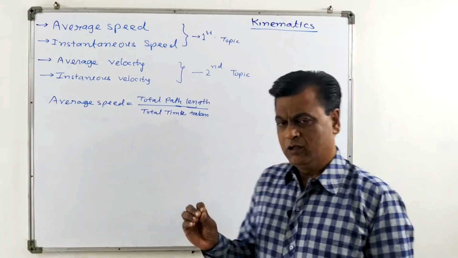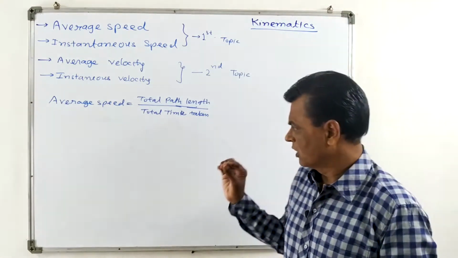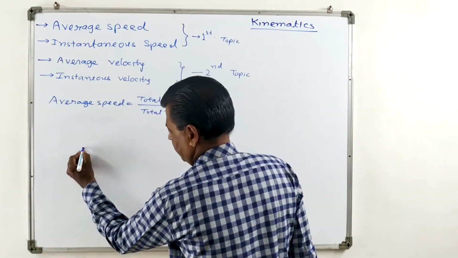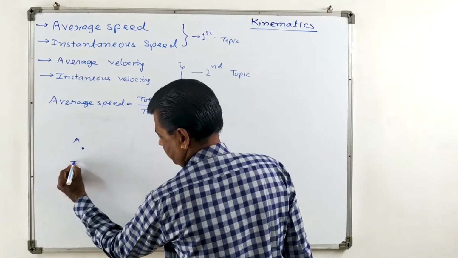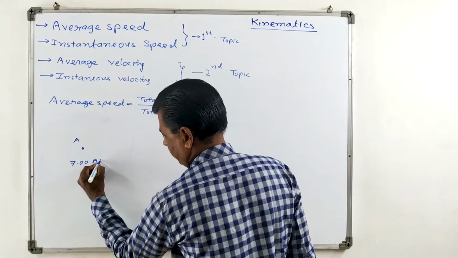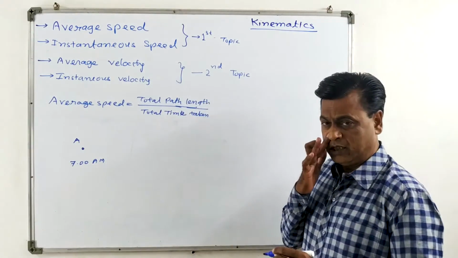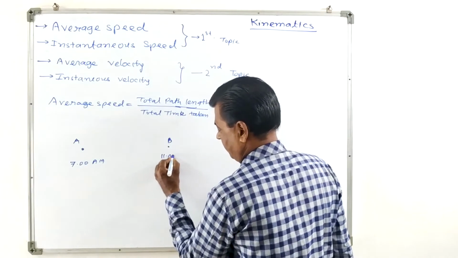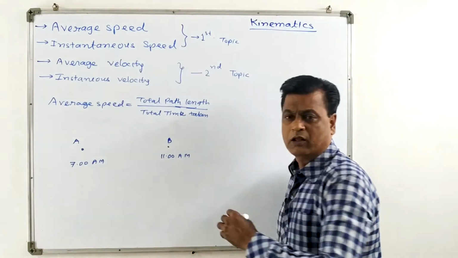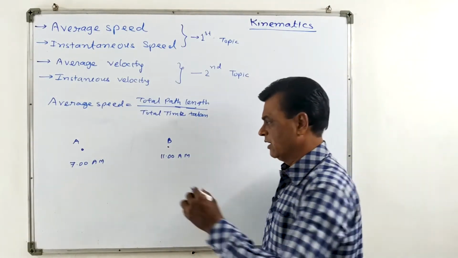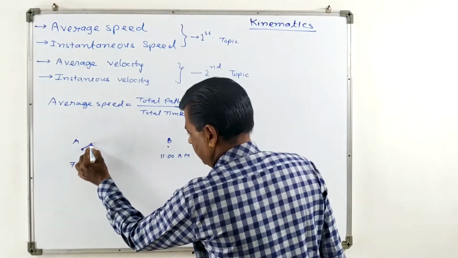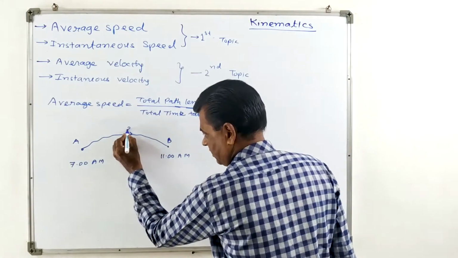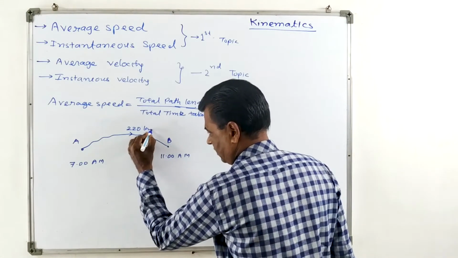I am giving you one example to explain this topic. Suppose you start your journey from city A at 7 a.m. and reach city B at 11 a.m. Suppose the distance covered by the car on the road is 220 kilometers.